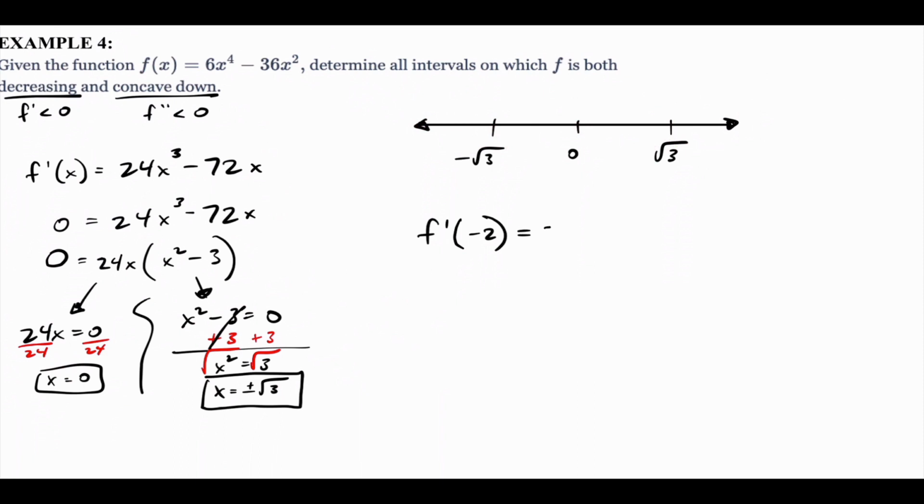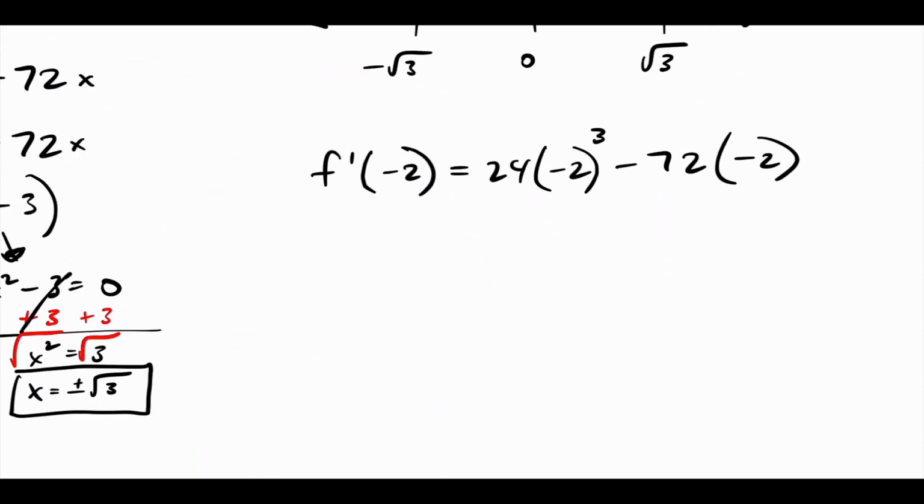Okay, so 24 times negative 2 cubed minus 72 times negative 2. So negative 2 cubed is negative 8. So 24 times negative 8. And then these two guys are going to make 144 when I multiply them together, because negative times a negative.